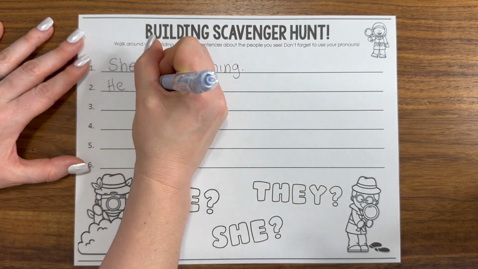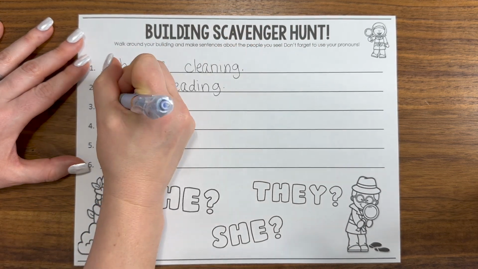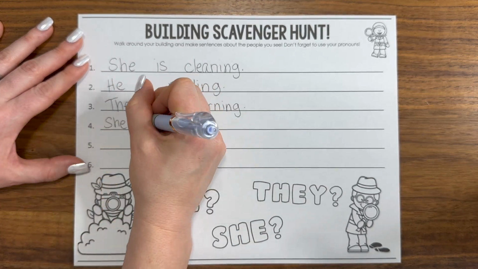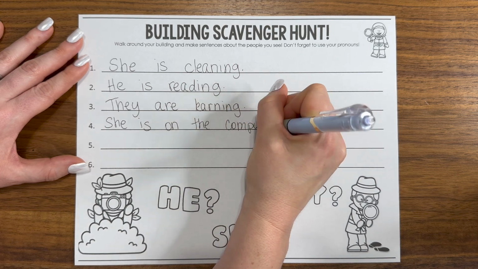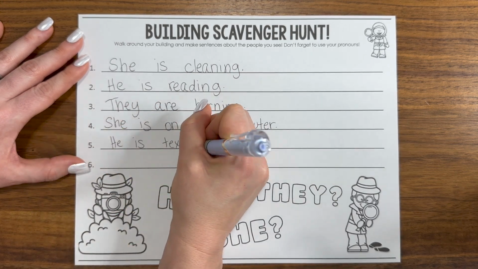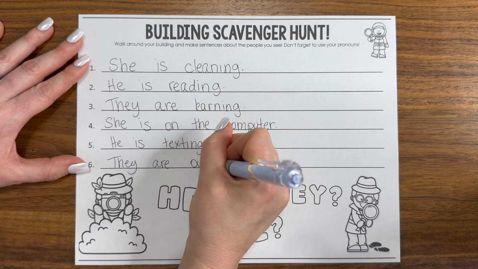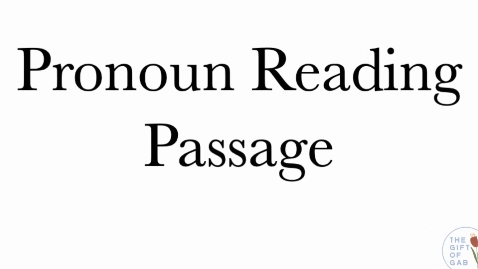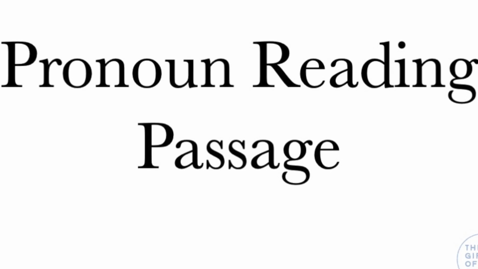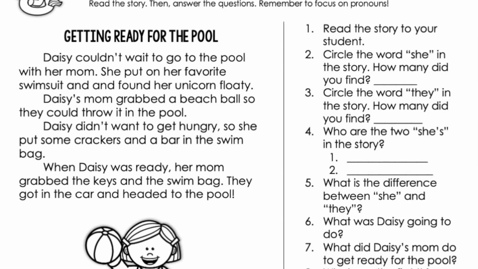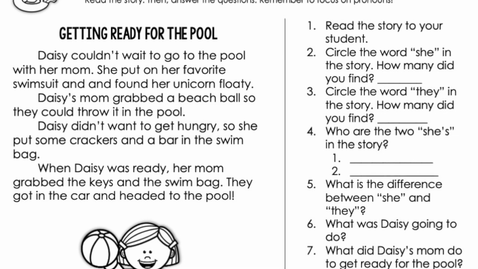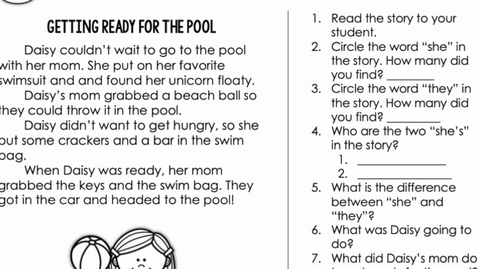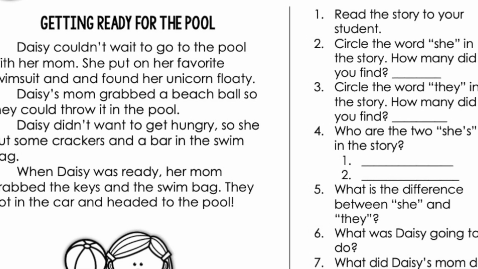So this means we are making sentences about the people we see around us and what they're doing in real life. For example, she is cleaning. He is reading. And then the most complex activity that I teach them in this teaching guide is the pronoun reading passage. So in this one, students must read a short passage and then they identify the pronouns in that short story.